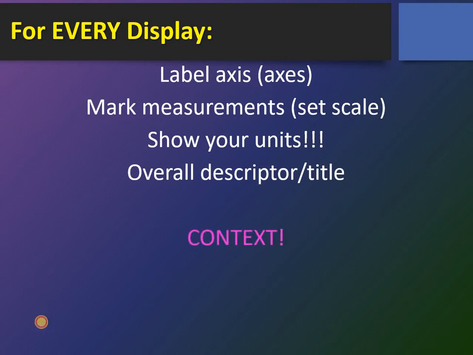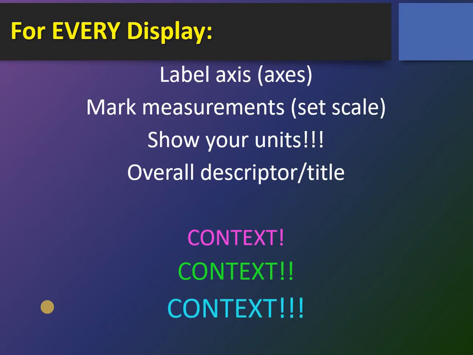But then again, context, context, and context. Because with everything that we do in here, if we don't put context into what we're doing, it's absolutely pointless. And you're going to see, in a later chapter, where leaving out one word completely changes the entire meaning of the whole problem.